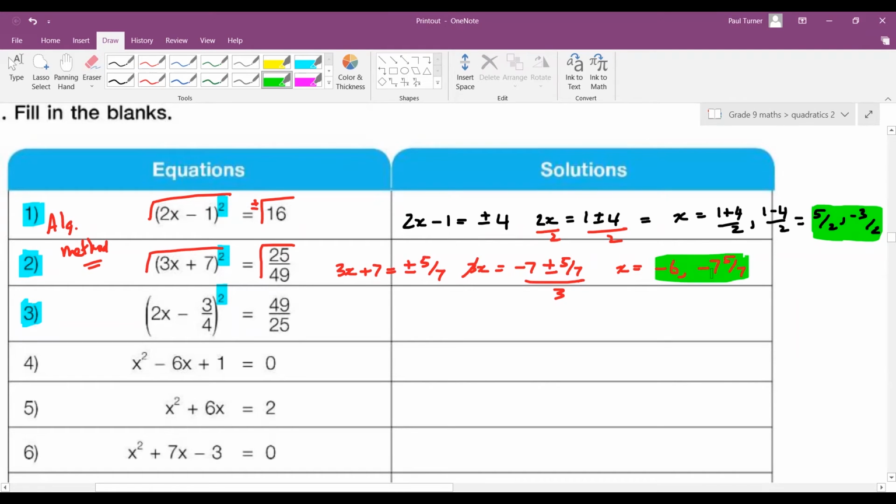In question 3, we do the same way. Square root, square root. So you get 2x minus 3 on 4 equals 7 on 5, plus or minus 7 on 5 here.